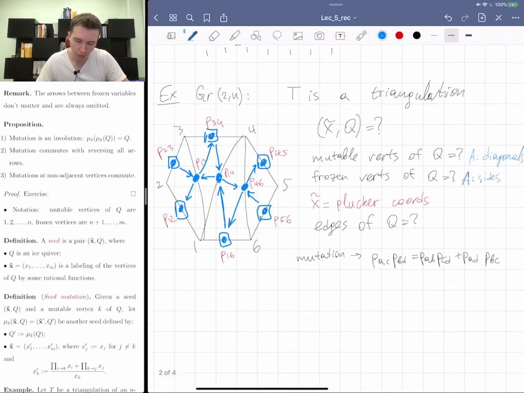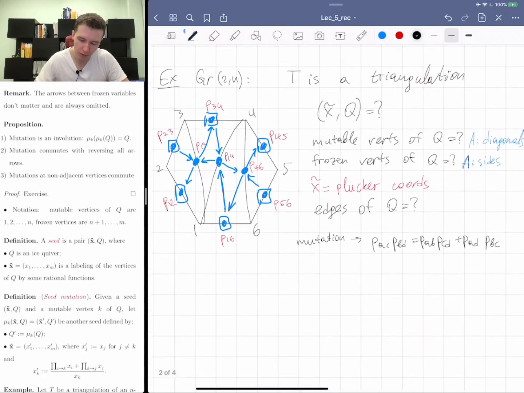And so the combinatorial rule, as you can see, is this. I'm removing all the arrows between frozen variables, but if you add these extra arrows between the frozen variables, then you're going to see that inside each triangle of my triangulation, I have a clockwise oriented triangle in the quiver. So every triangle is oriented clockwise.